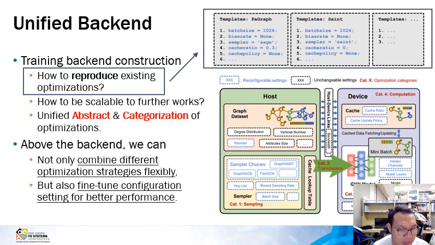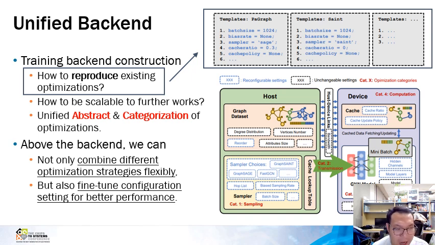For instance, by disabling cache update policies and properly configuring the cache ratio, the backend generally reproduces the approach proposed in PeerGraph. Above the backend, we can not only combine different optimization strategies flexibly, but also fine-tune configuration settings for better performance.